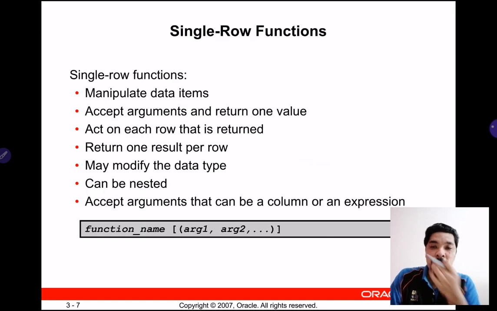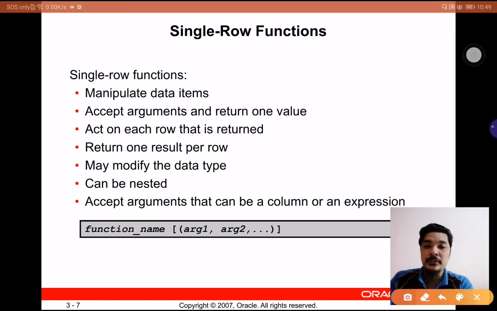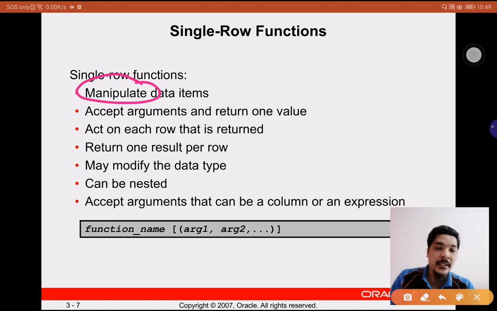For single row functions, as I already explained in the previous discussions, these manipulate the data items. All the data in the tables is still intact, but we can manipulate the output based on the process itself.